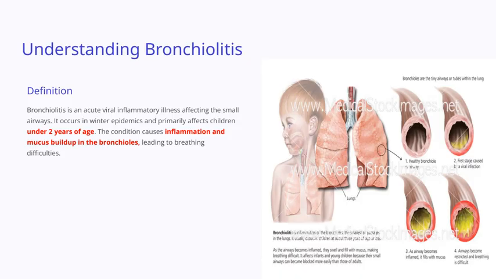It's a common cause of respiratory distress in young children, and recognizing it early can help us manage symptoms effectively and prevent complications. So, in essence, bronchiolitis is a viral infection that causes inflammation and mucus in the small airways, leading to breathing difficulties, especially during those cold winter months.